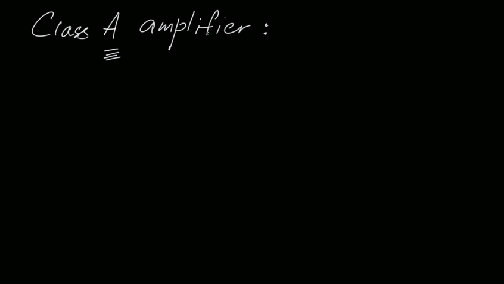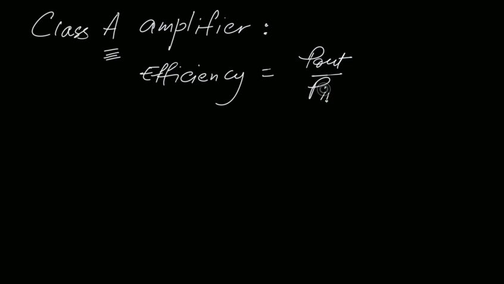Because of this, the efficiency suffers. We define the efficiency of a system as the power that you get at the output over the power that you put at the input, times 100%.